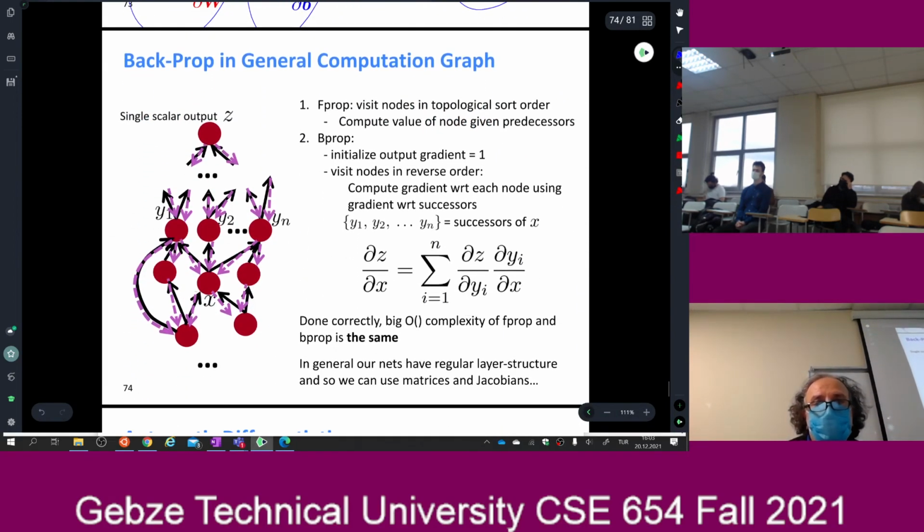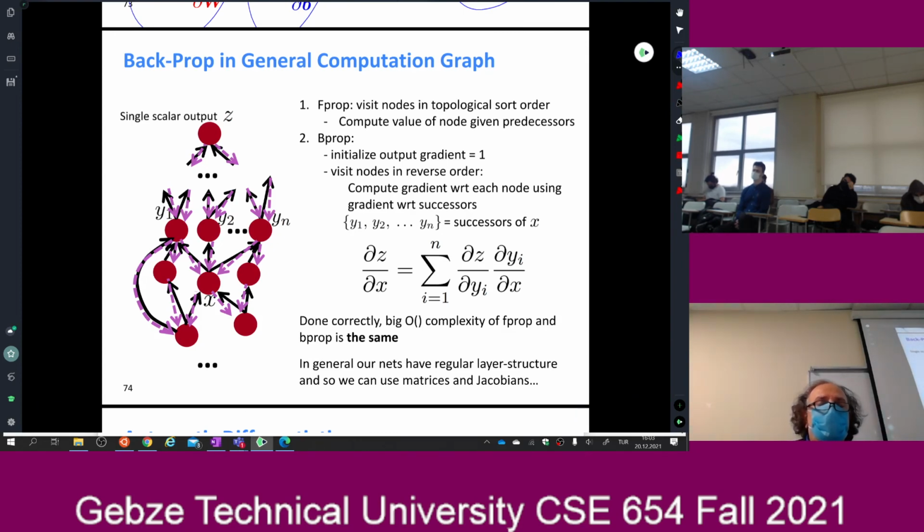So this is the rule: backpropagation in a general computation graph. Forward propagation is simple. You put in your inputs. You assume there are randomly, normally distributed weights at the beginning. You follow all those black lines, and you find your scalar output z.